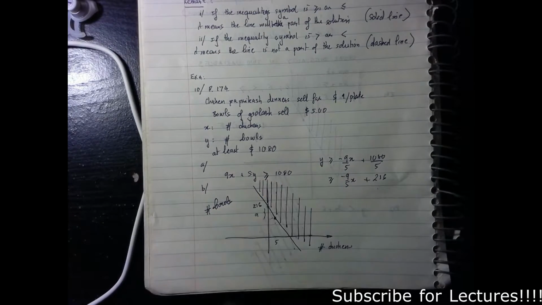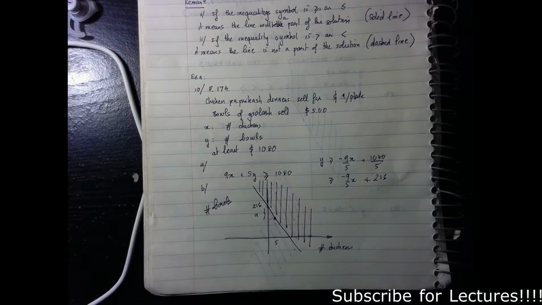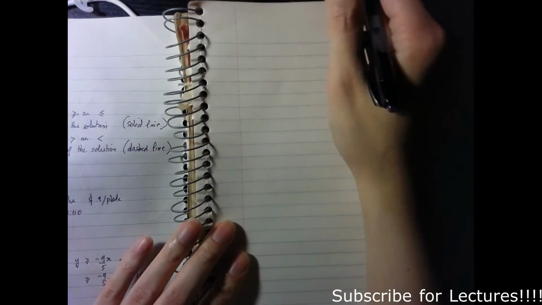For part C, can she sell 100 chicken dinners and 120 bowls of goulash to obtain enough revenue to cover the expense?